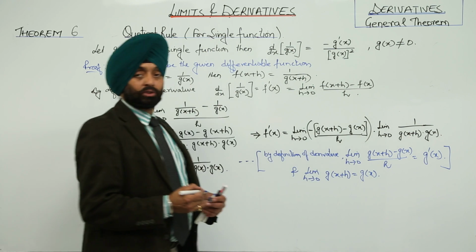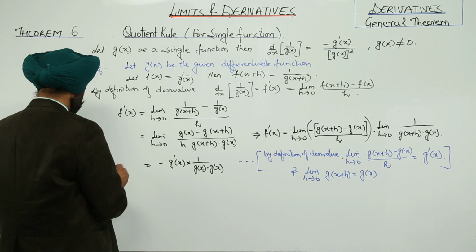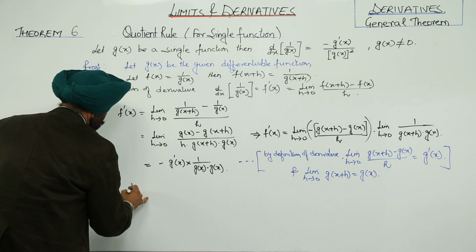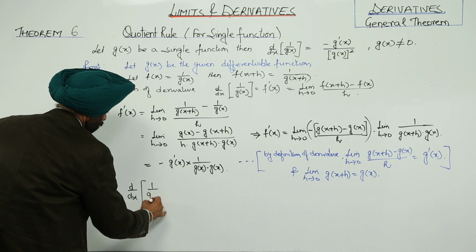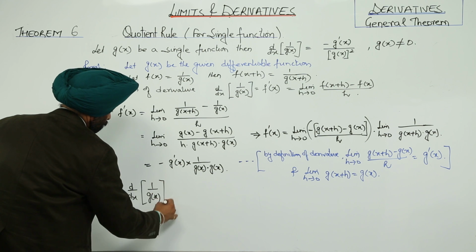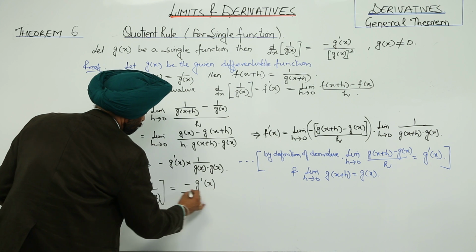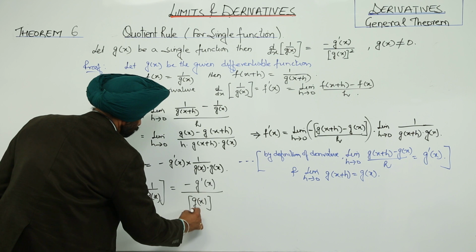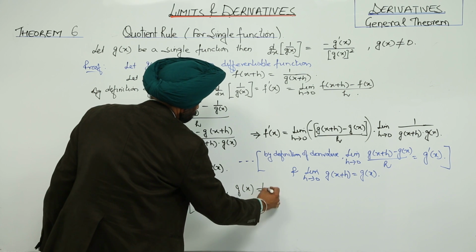So we have used these two things. This is equal to negative of g'(x) upon g(x) whole square, where g(x) is not equal to 0.